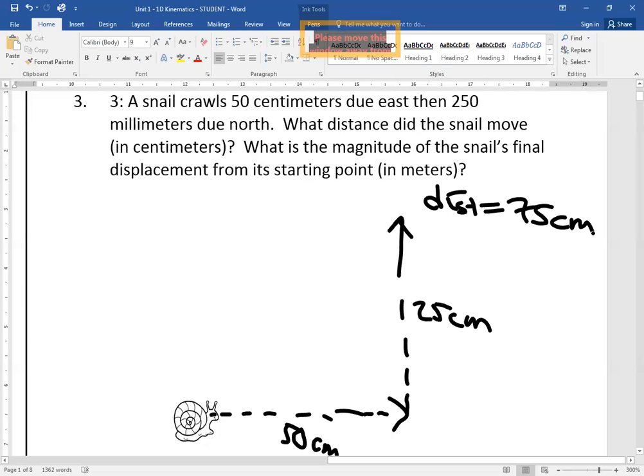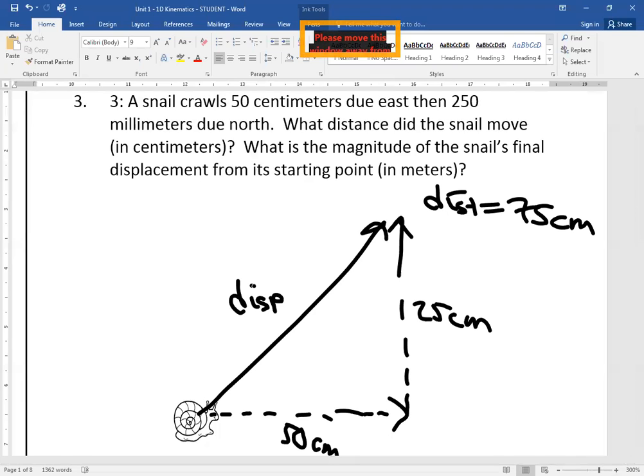But to represent the displacement, I have to draw the hypotenuse. This is the displacement. Now, if I wanted to tell what the displacement is, what's one way to do it? I could use the Pythagorean theorem. If you want the magnitude of the displacement, I have to use the Pythagorean theorem, right?